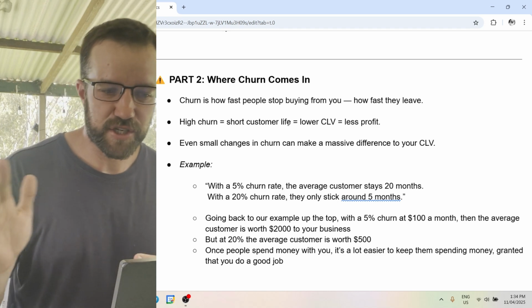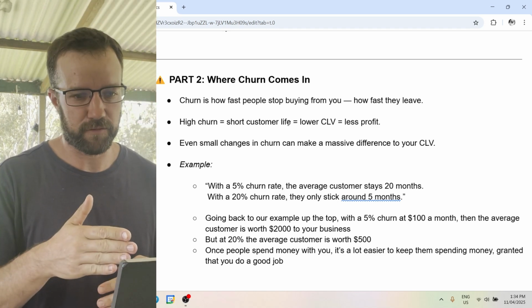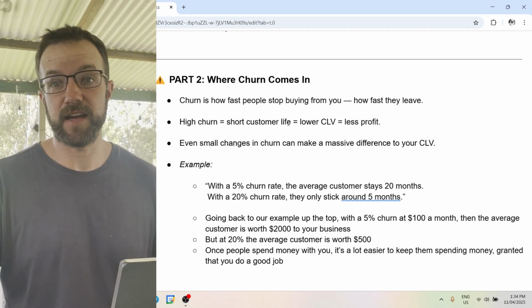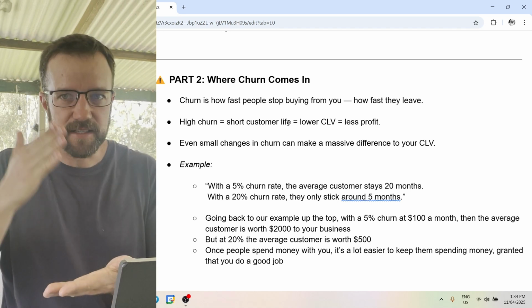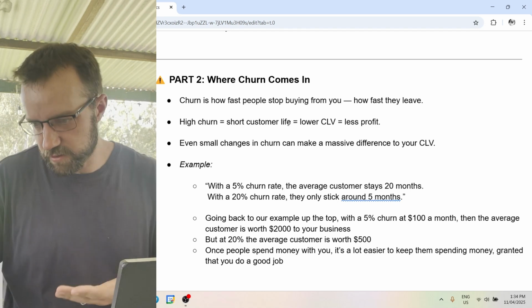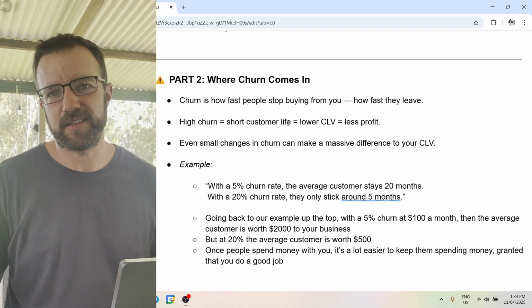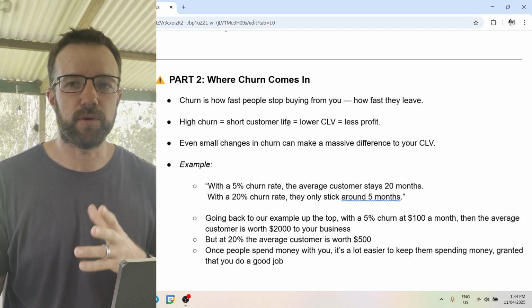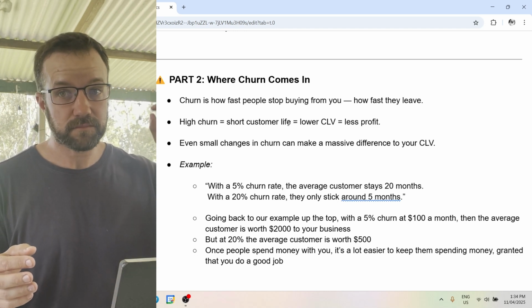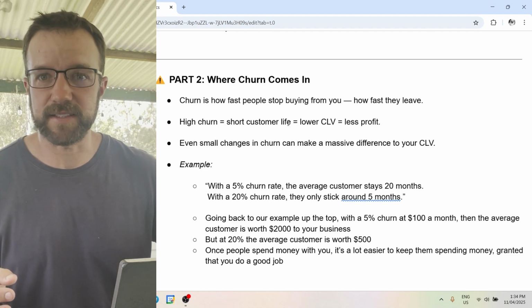So where churn comes in, churn is how fast people stop buying from you and how fast they leave. So in our hairdresser example, if they're spending $100 with you this month and then getting a touch up for another $100 next month and then $100 after that, and so on. But then it's probably starting to get a little bit steep, or you're not doing the same job as you were, and they go to another hairdresser because maybe they've got the products that they like.